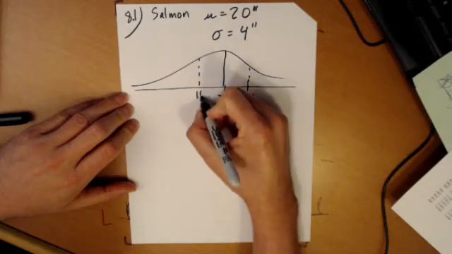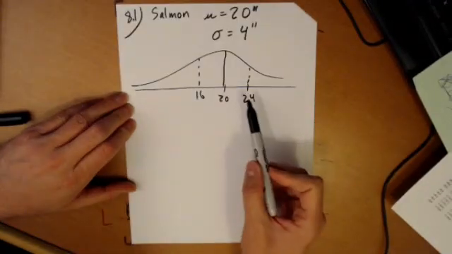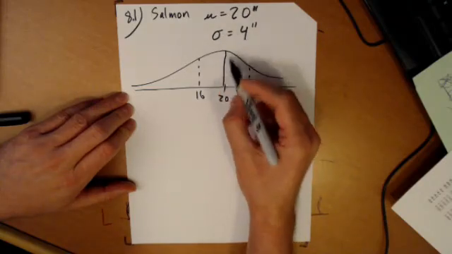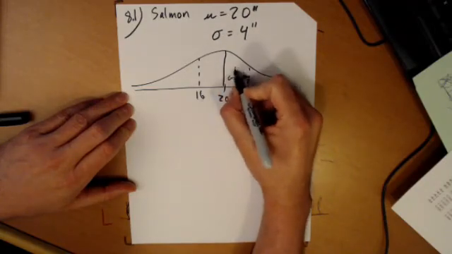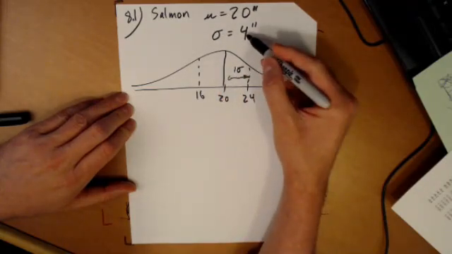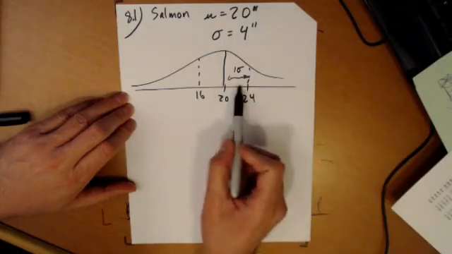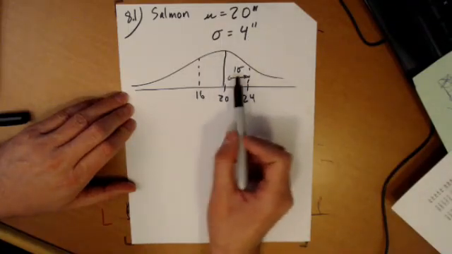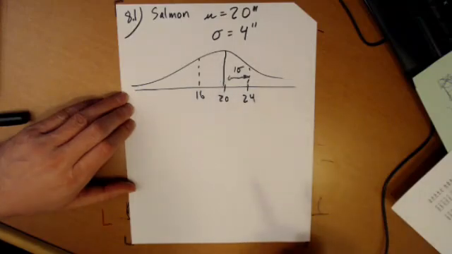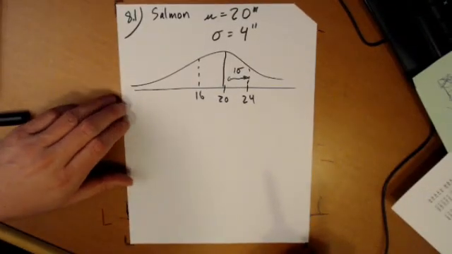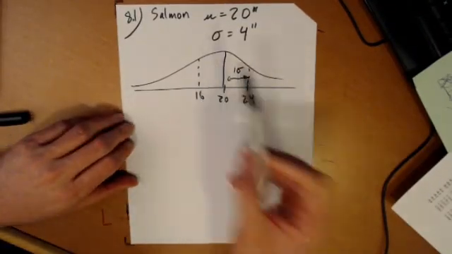Go back 16. The standard deviation is technically 4 inches. So most of the salmon are between 16 and 24 inches, about 68% of them, but we'll say a majority of the salmon are between 16 and 24.